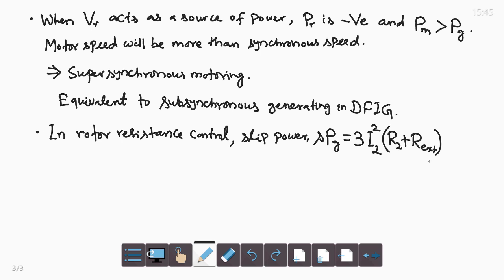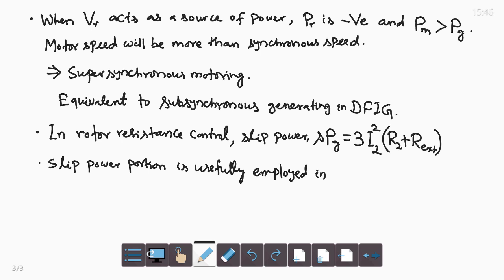But in this method of slip power recovery, the slip power portion is usually employed in the slip power recovery scheme while speed control is obtained.